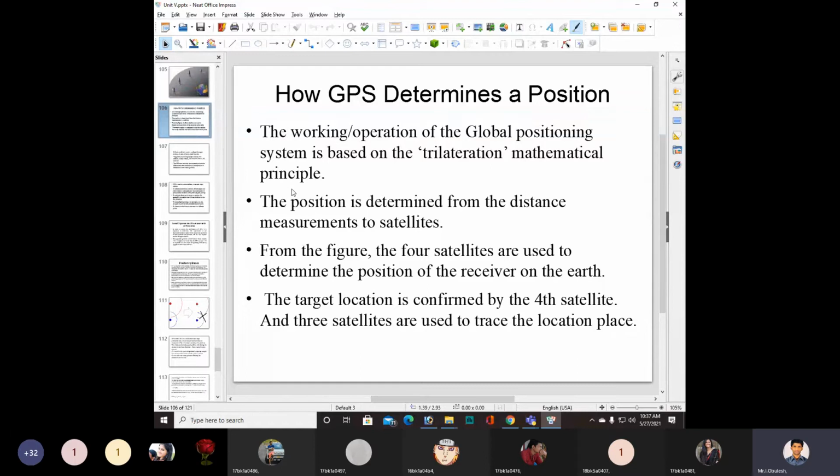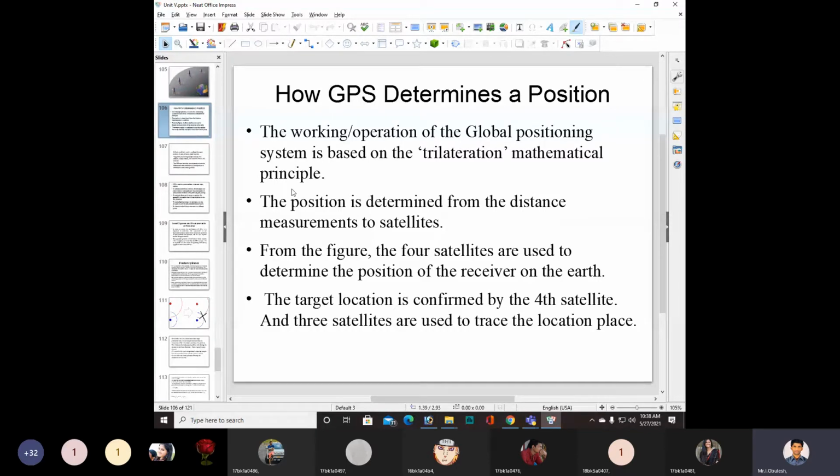And the 4th satellite confirms the exact target location, where the target is placed. That will be confirmed by the fourth satellite only.